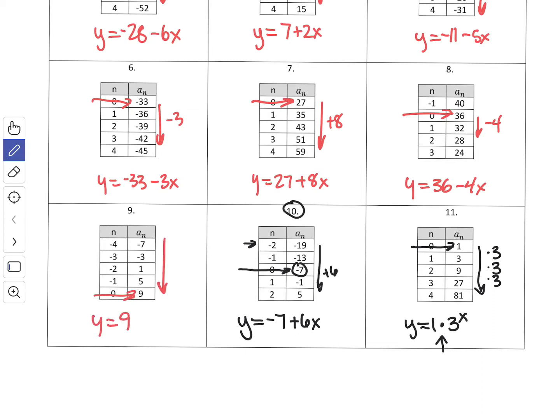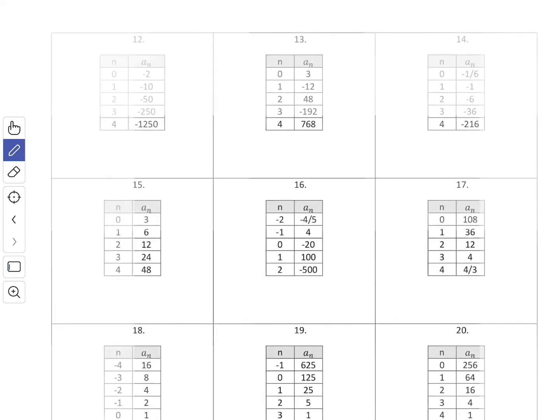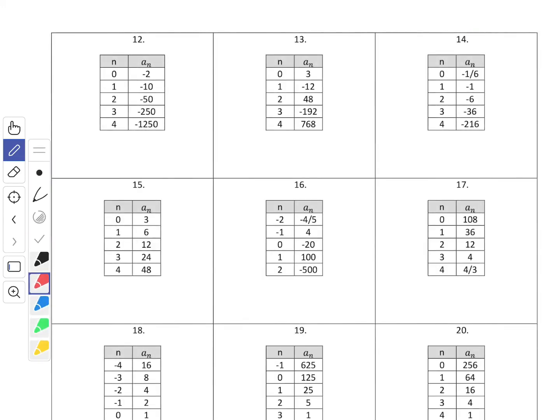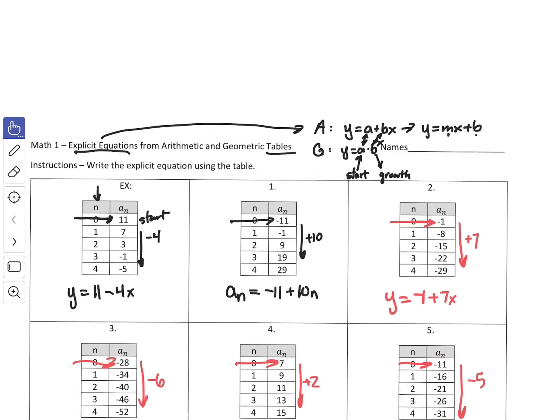So again, where am I starting? Starting at 9. What am I doing to 9? Well, as we go down our table, we are adding 4, so plus 4 times x. Okay, those back ones might be a little more complex because now we shift to the geometric.